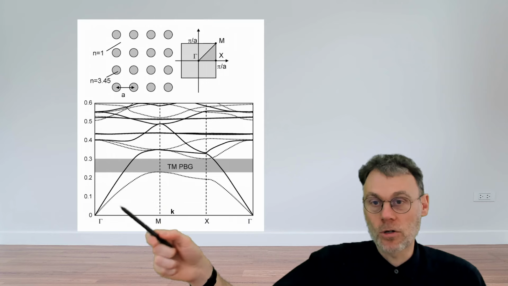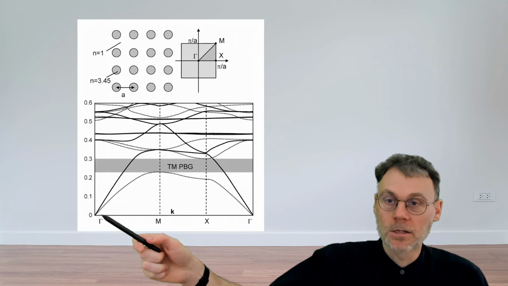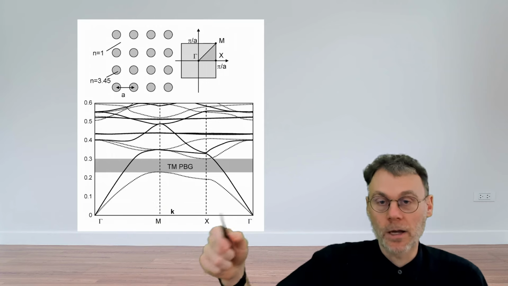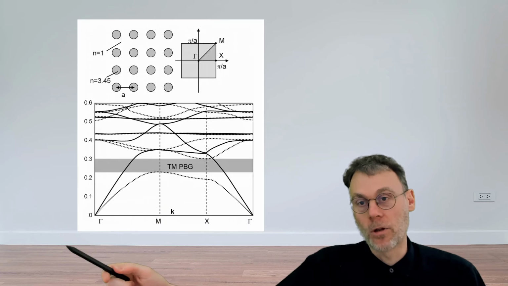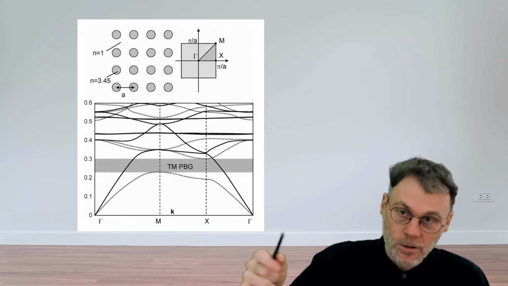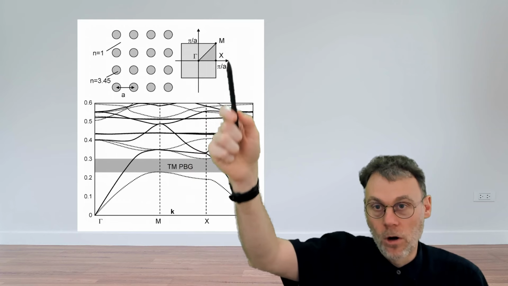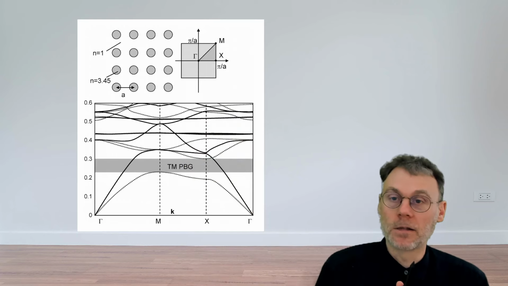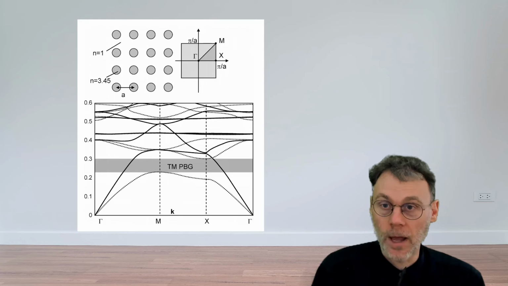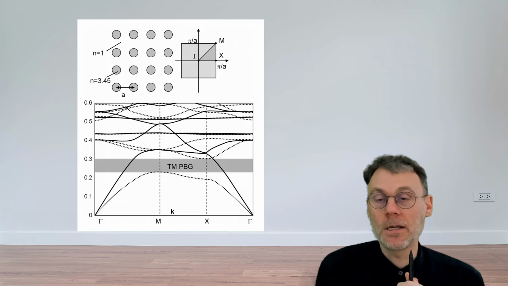So you see that excursion over here on the horizontal axis. You move from gamma to M to X and back to gamma, and then you just plot that as if it were just a linear straight excursion, but of course, you actually walk along the edges of the triangle that you have here. Okay, that already looks a bit easier to interpret.